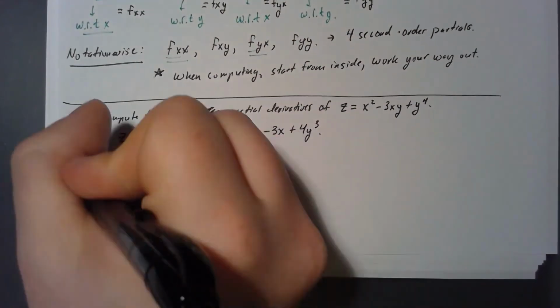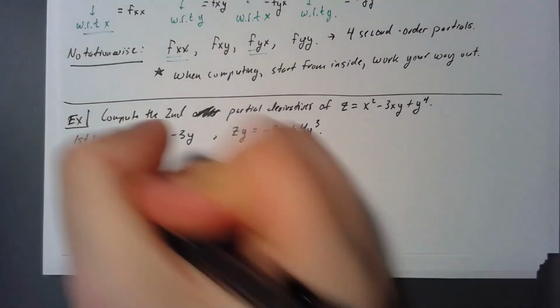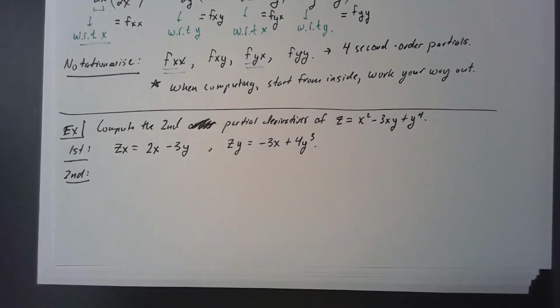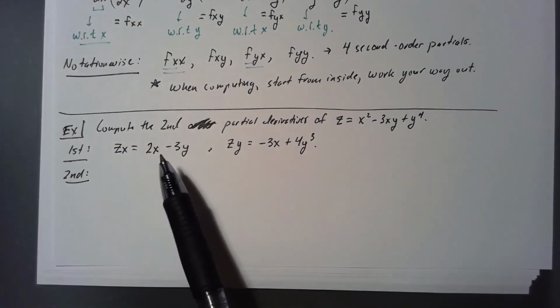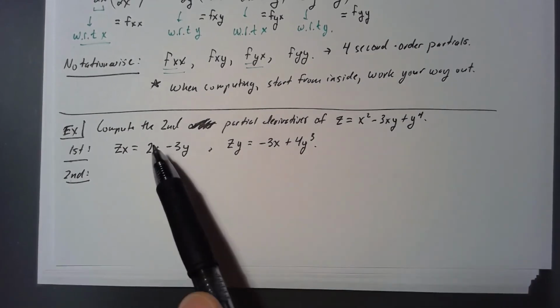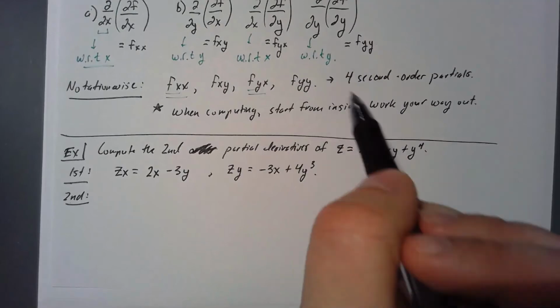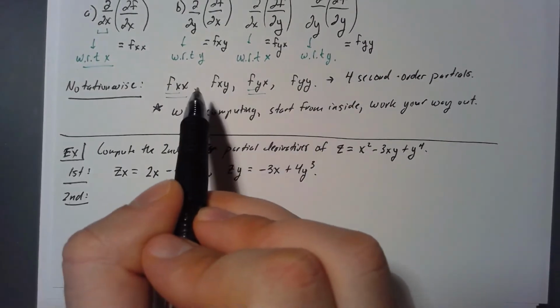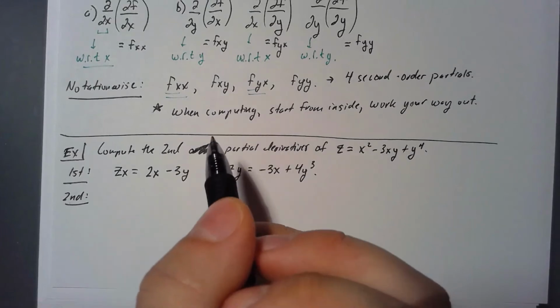That wasn't hard. But now the second derivatives, this isn't hard either. It's just a little longer. So now I've got to differentiate this one with respect to x and y, and then differentiate this one with respect to x and y. So basically, remember, you're going to start from the inside and work your way out. So you're going to tack these second derivatives on the outside of the subscript notation.